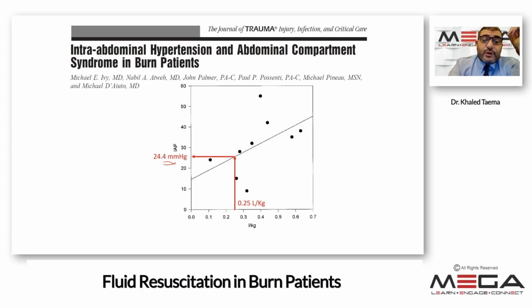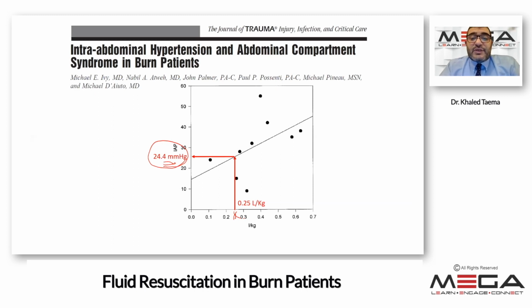From the regression equation, it was found that an intra-abdominal pressure of about 25 millimeters of mercury was achieved when the volume of resuscitation was about 250 milliliters per kg.